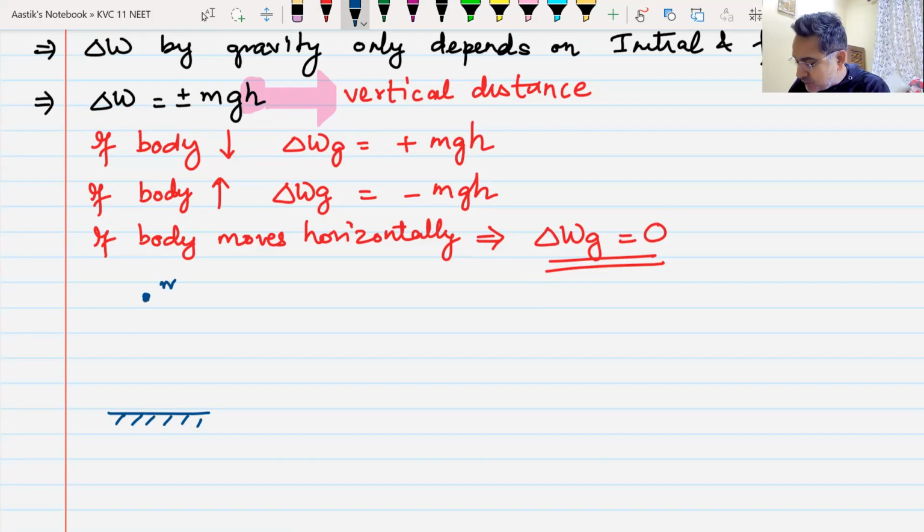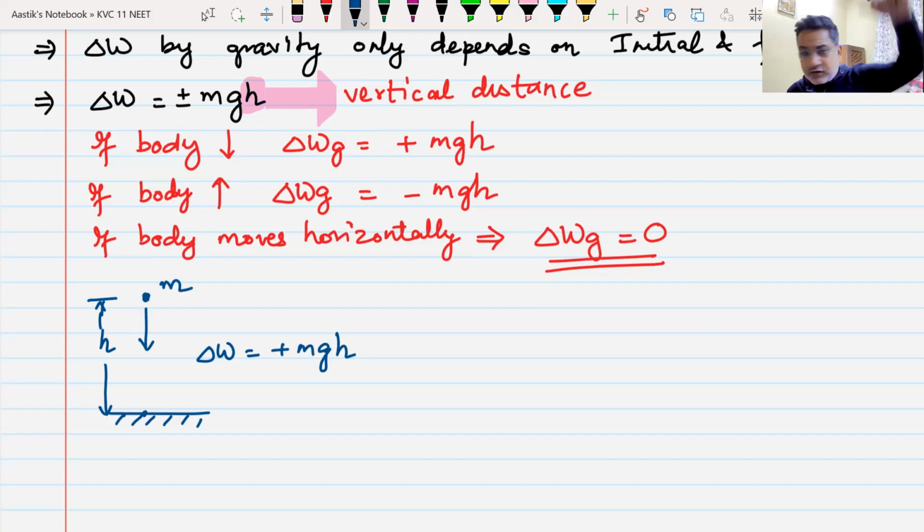If you have a block of mass M kept at a height h, if it goes down, the work done by gravity would be plus mgh. Do we understand this? The block moves down, the work done by gravity will be plus mgh.